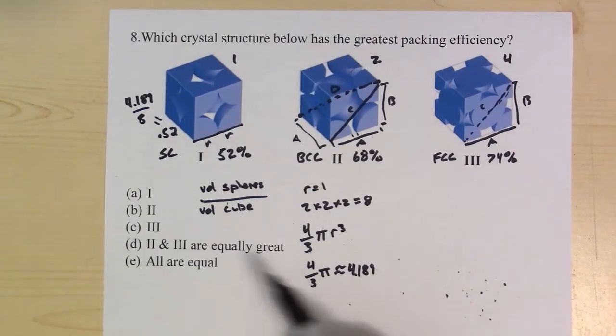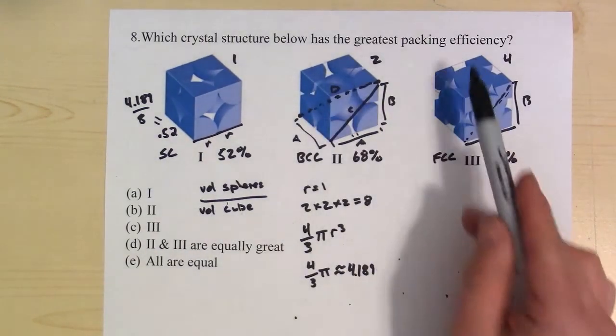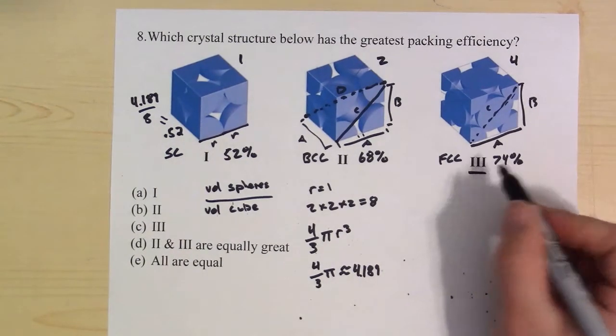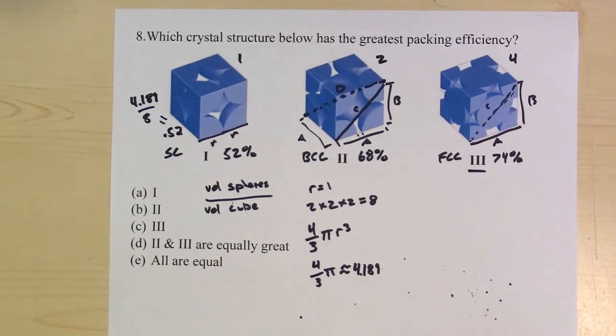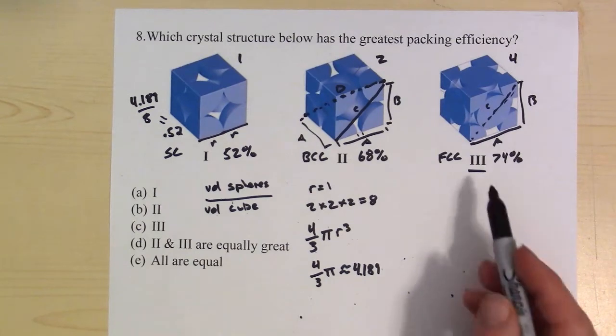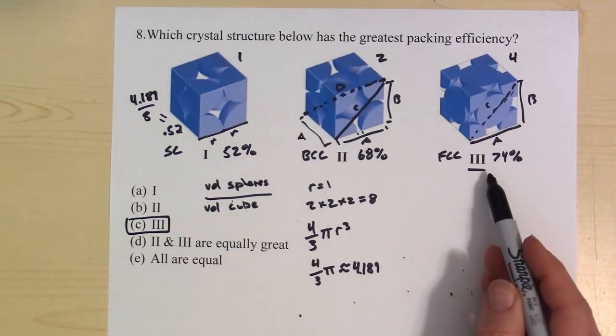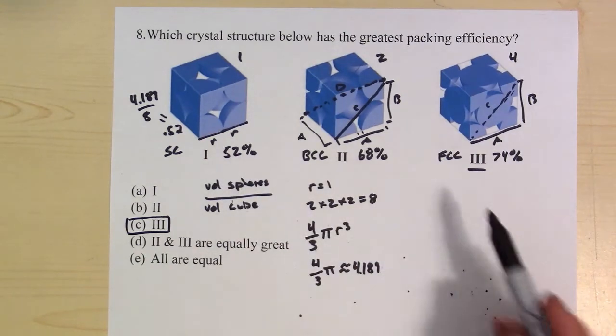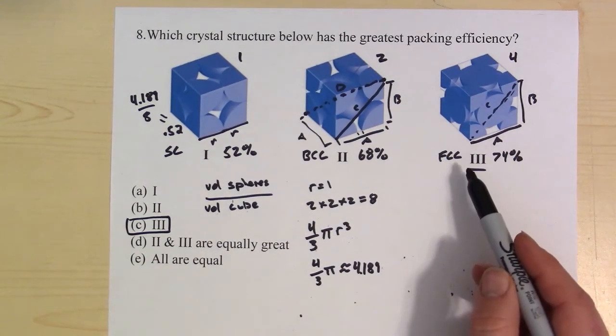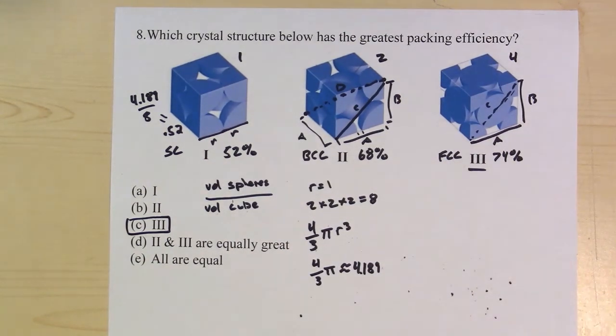So if we look at our answer choices here, which has the greatest packing efficiency, 3 has the greatest packing efficiency, as we just calculated, so that is going to be C here. It has greater than 2 and 1, so the face-centered cubic has the greatest packing efficiency.